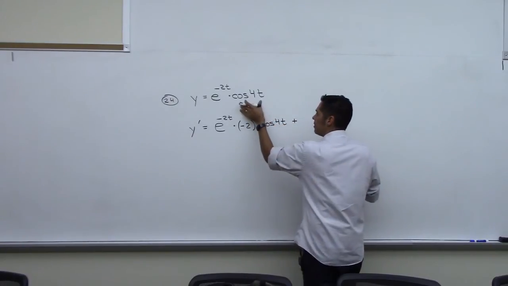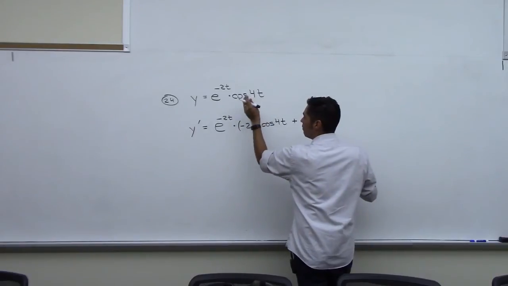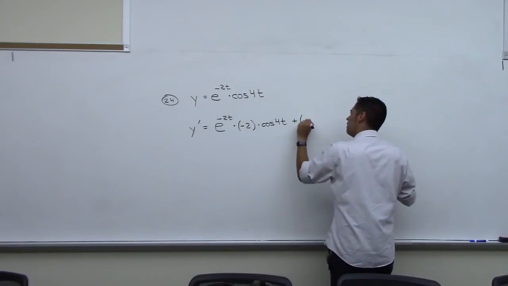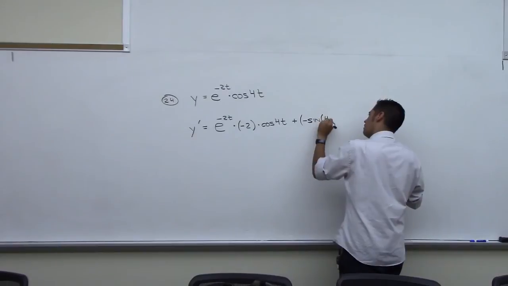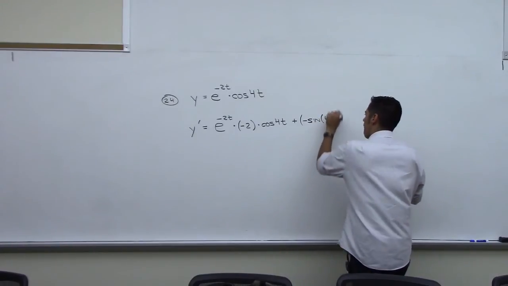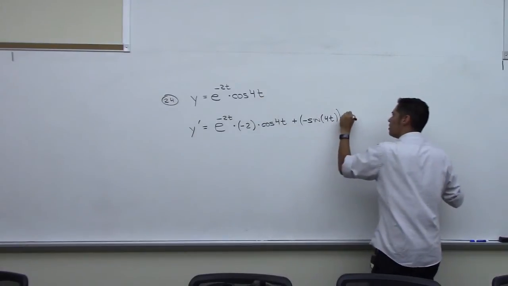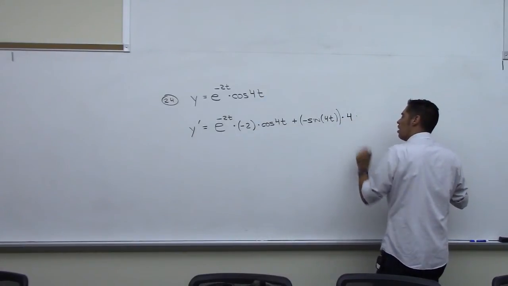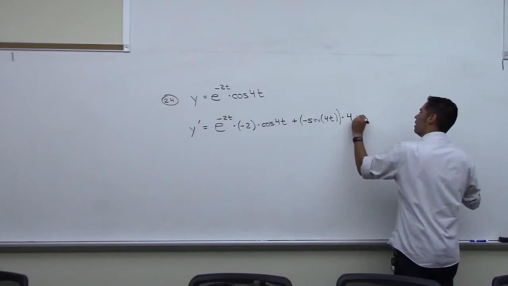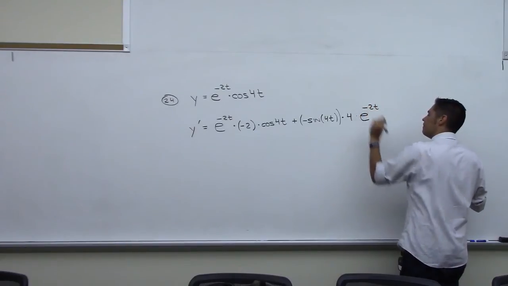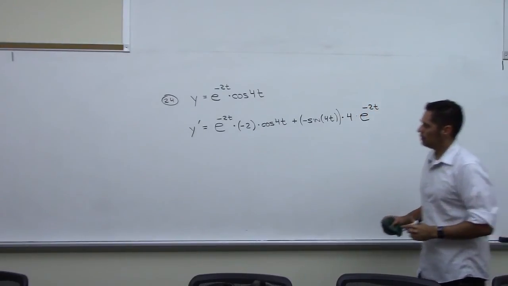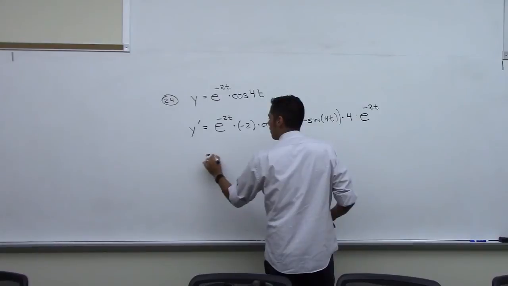Plus, now derivative of the second one, this is chain rule. Derivative cosine of something is negative sine of that something times the derivative of what was inside, derivative of 4t is 4, and then finish off the product rule, e to the negative 2t. Clean up time.